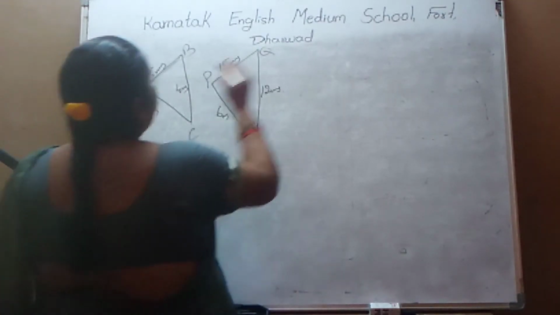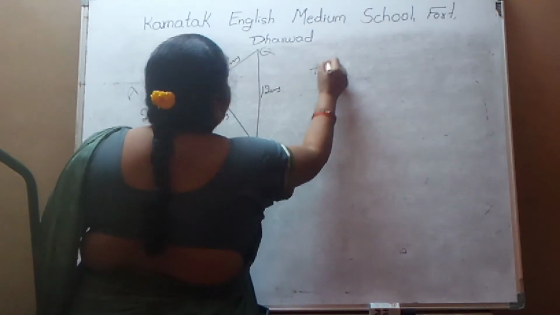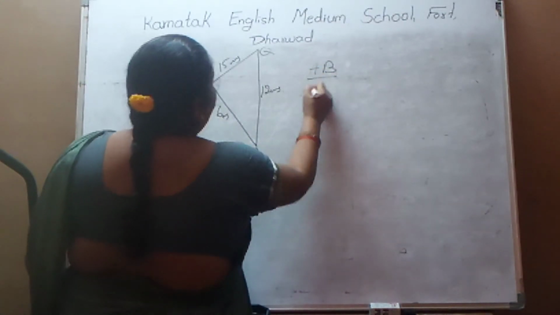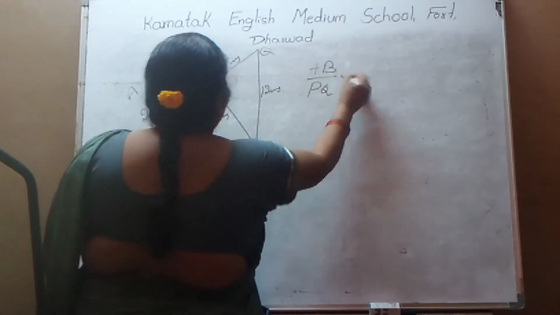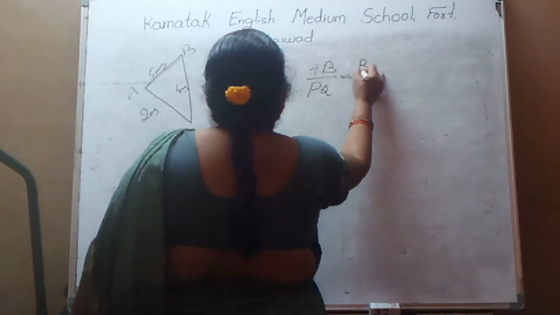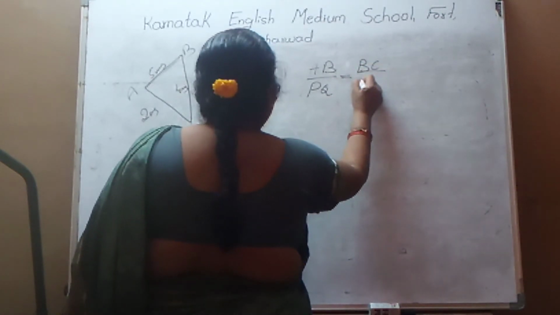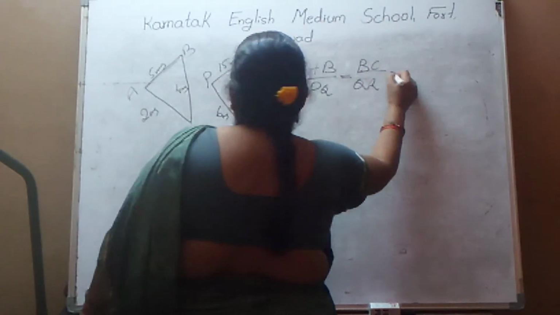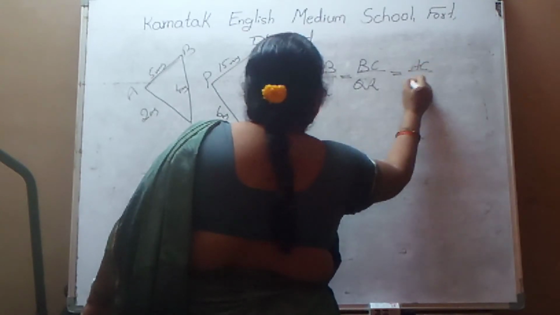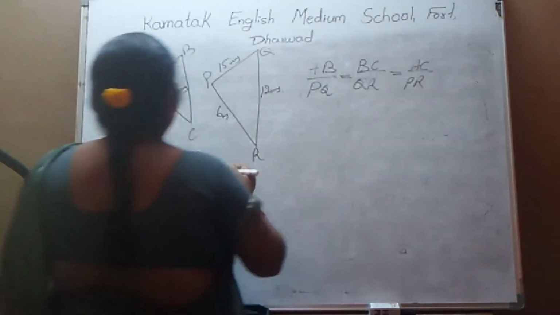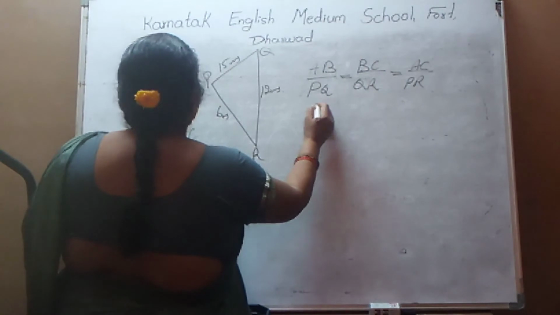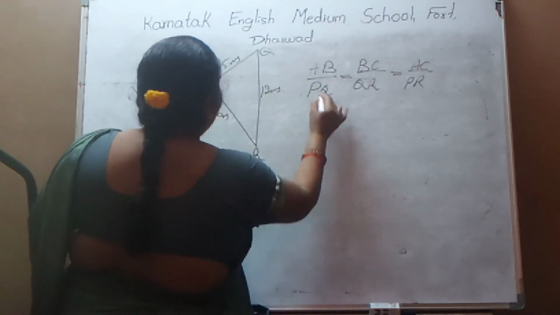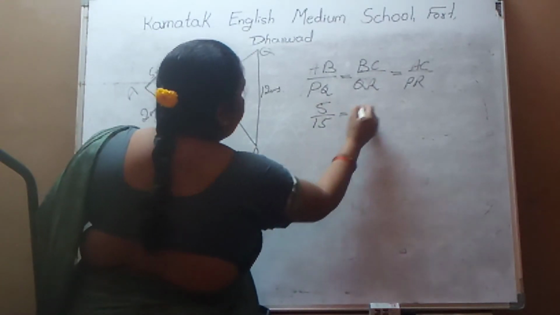See, observe here their corresponding sides. AB divided by PQ is equal to BC divided by QR is equal to AC divided by PR. So right here, 5 upon PQ, how much? 15.